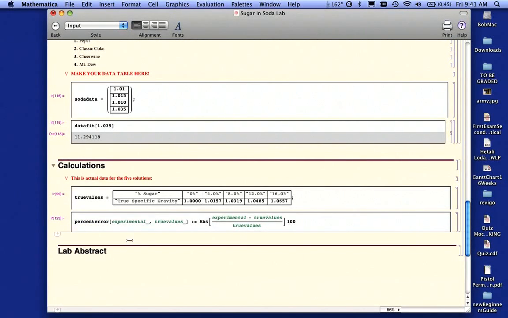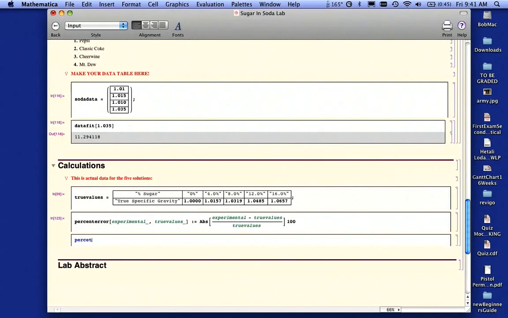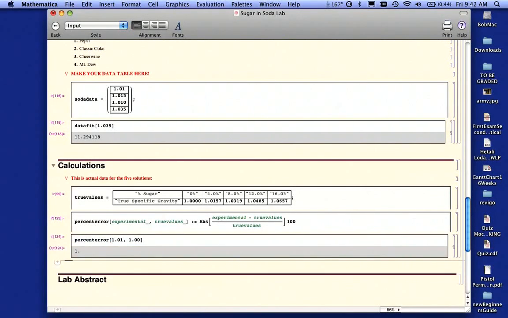Now I can use this, I can say percent error. My experimental value was 1.01. My true value was 1.00, and you see I'm getting that from the table. In this case, I get 100% error. Again, my numbers are all bogus, so don't pay any attention to mine. You'll get different values.